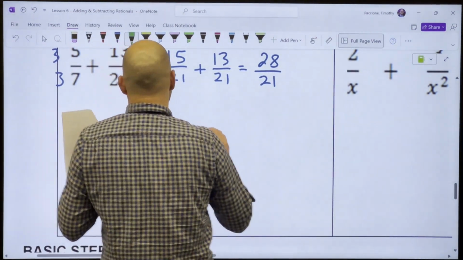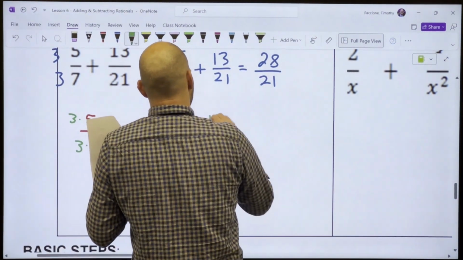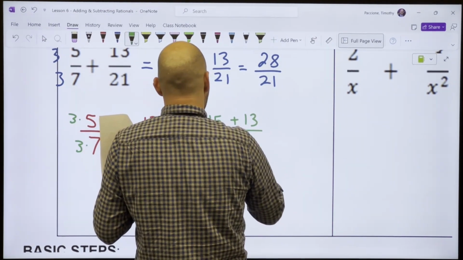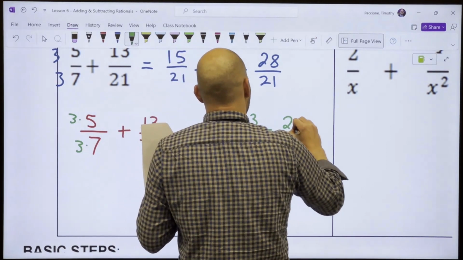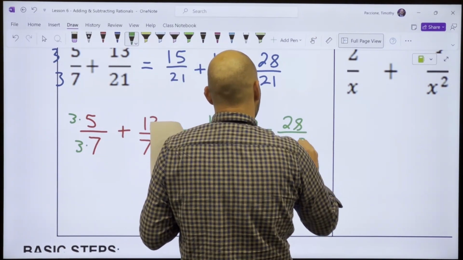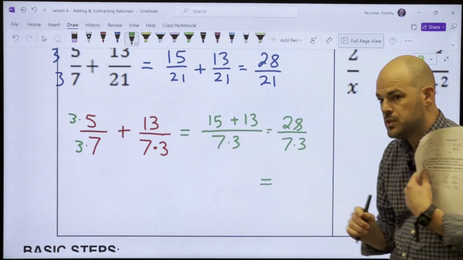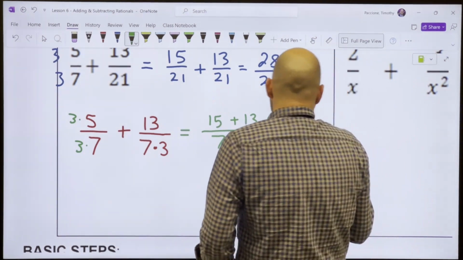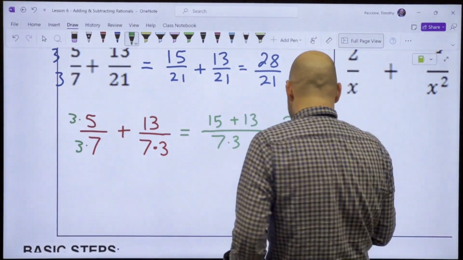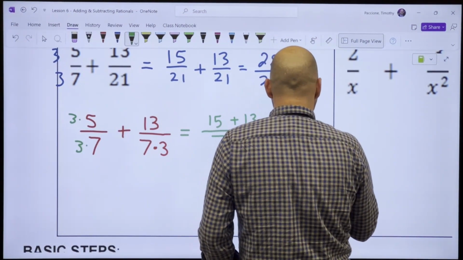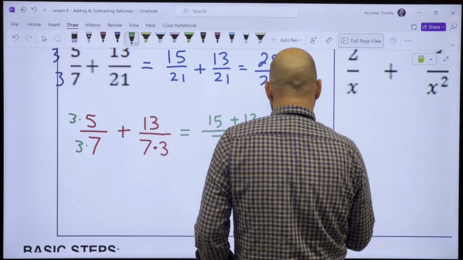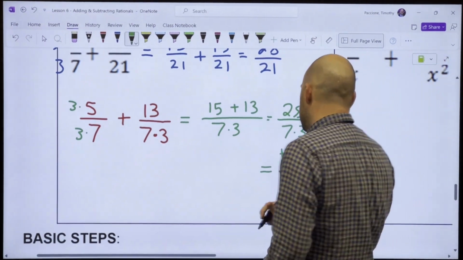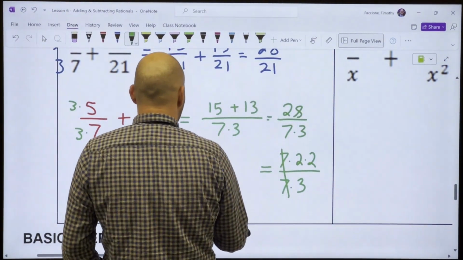So what I end up with is 15 plus 13 over 7 times 3, which is 28 over 7 times 3. 28 becomes, what does that break down into? 7 times 2, right? Over 7 times 3. And what cancels? The 7s. And I end up with just 4/3, okay?